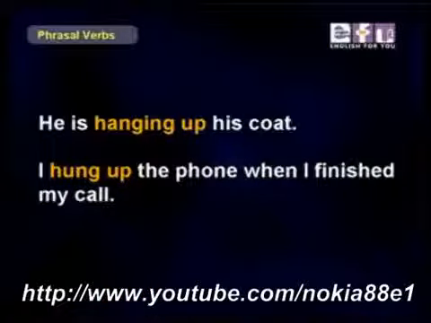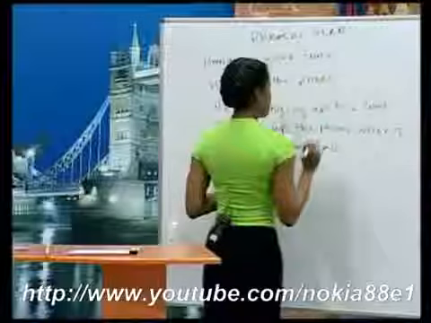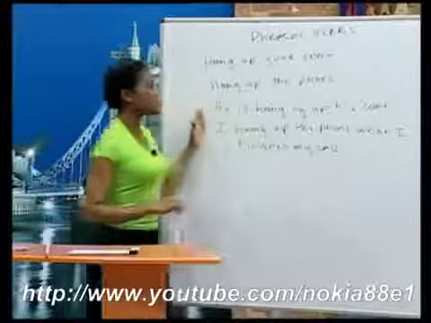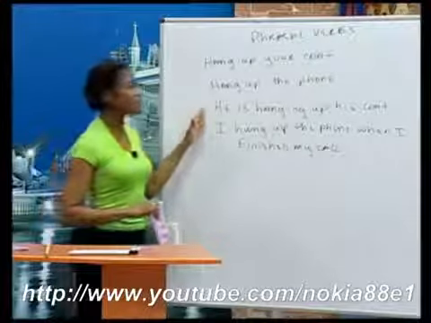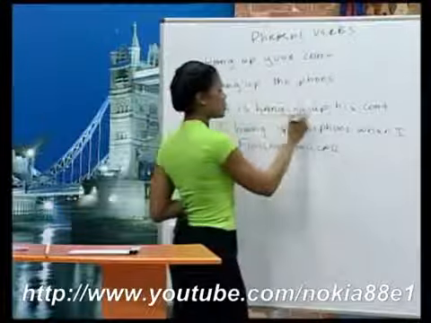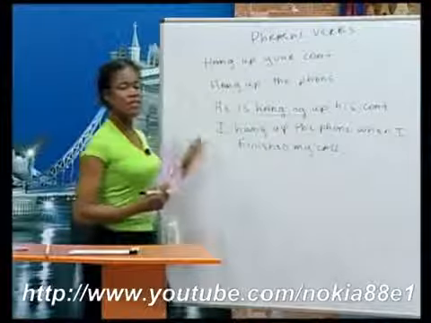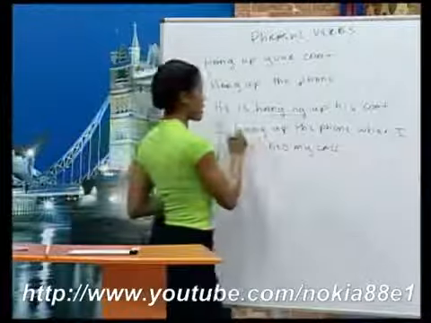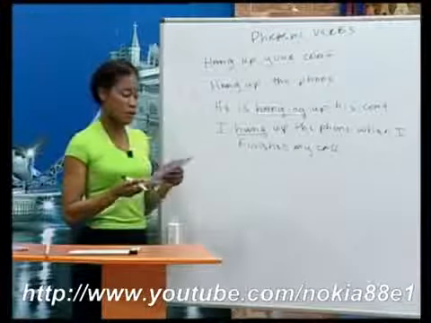Past tense, I hung up the phone when I finished my call. So in this first example, we can use present continuous by changing only the verb. We don't change the preposition. In the same way, we can switch to past tense and say, I hung up the phone when I finished my call.